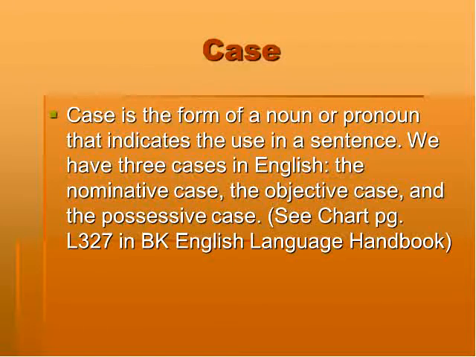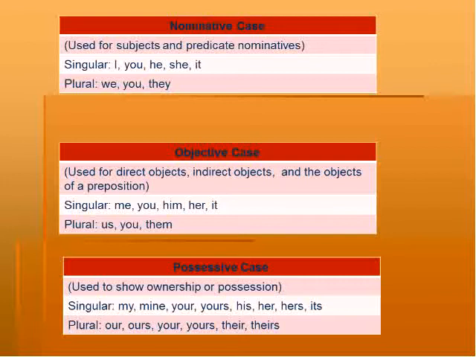Then you have the objective case, and that one you're going to use for direct objects, indirect objects, and objects of preposition. And our last one here is the possessive case, and you're going to use this to show ownership or possession.